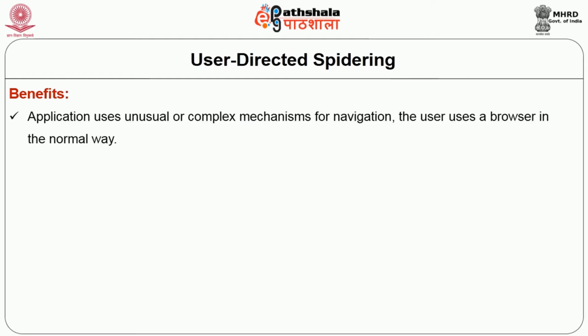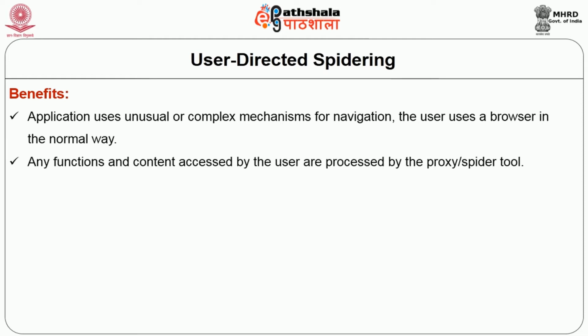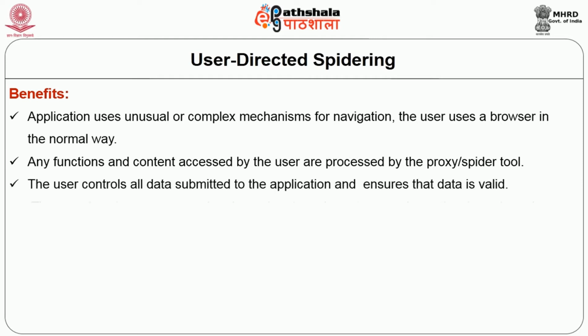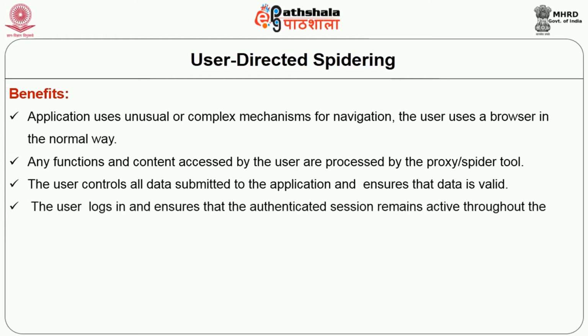Where the application uses unusual or complex mechanisms for navigation, the user can follow this using a browser in the normal way. Any functions and content accessed by the user are processed by the proxy spider tool. The user controls all the data submitted to the application and can ensure that the data validation requirements are met. The user can log in to the application in the usual way and ensure that the authenticated session remains active throughout the mapping process.